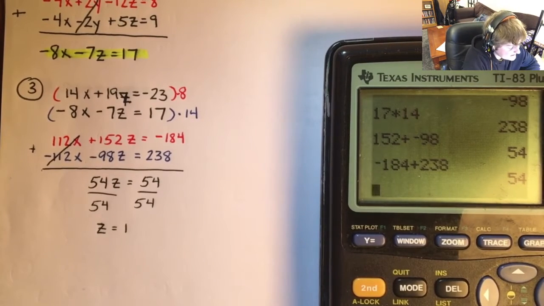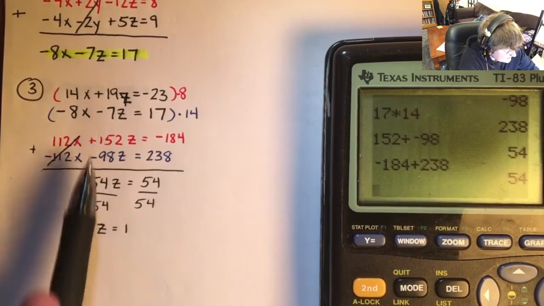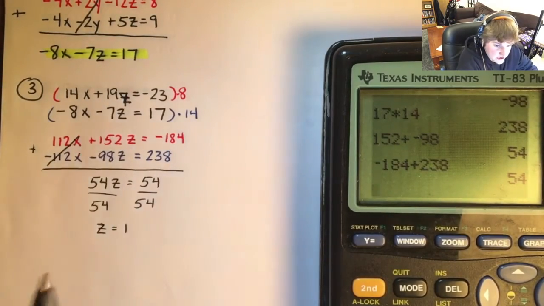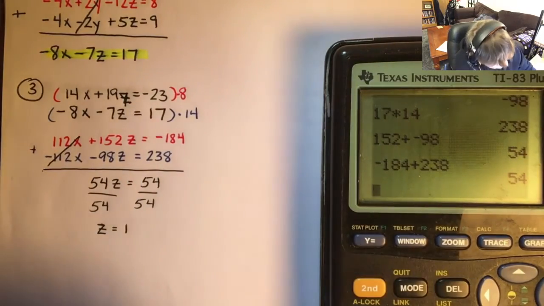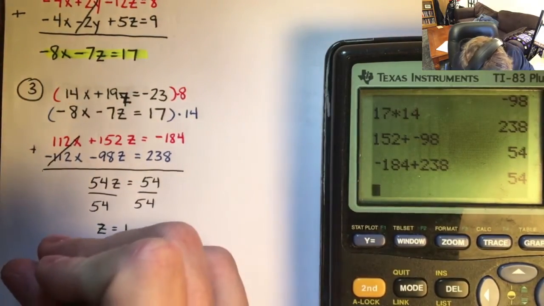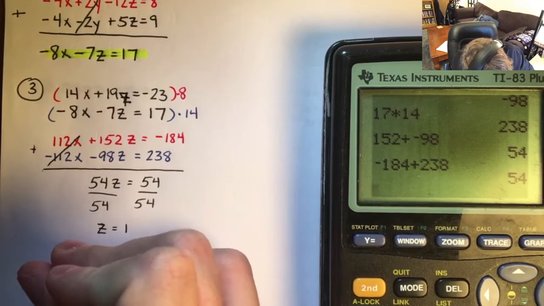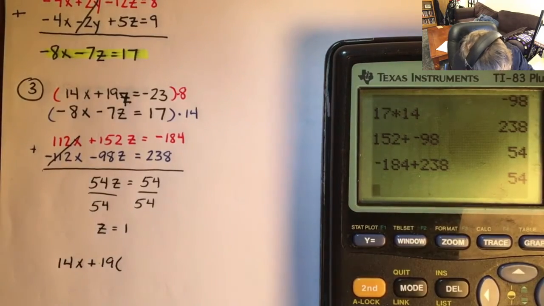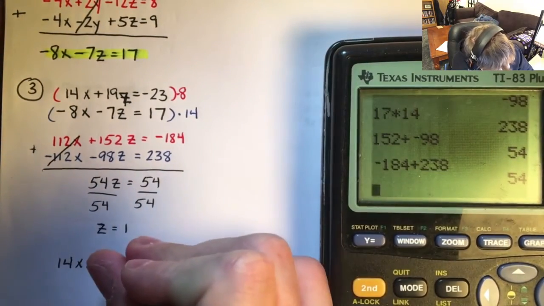Okay, so then the next thing I want to do is find x, because this equation's boiled down to x's and z's already. So let's just go ahead and take the top one. 14x plus 19 times z. Well, z is 1. And this is equal to negative 23.